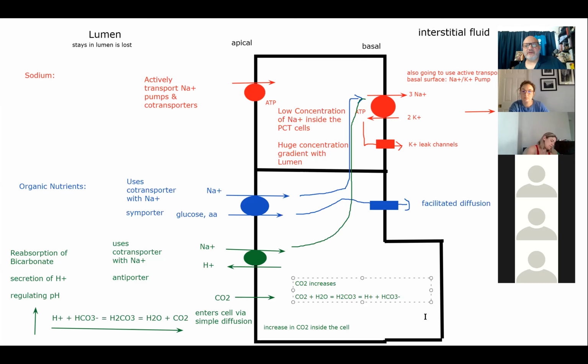So this time it is an increase in carbon dioxide that drives the chemical reaction in this direction, producing hydrogen ions and bicarbonate.